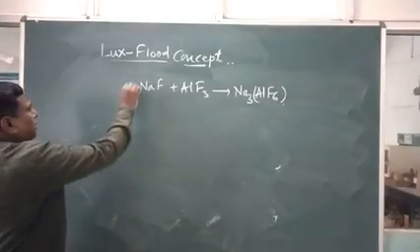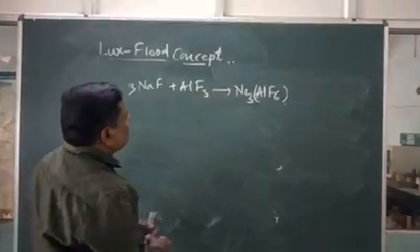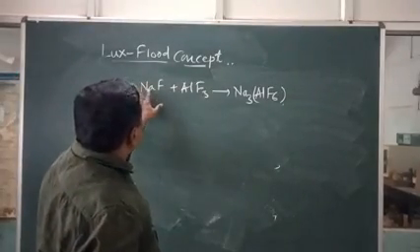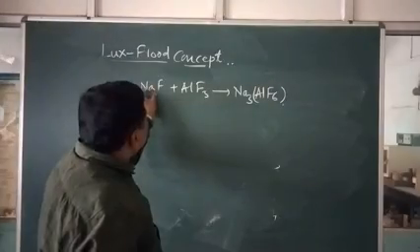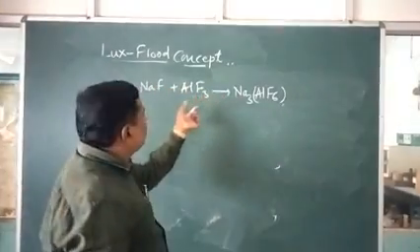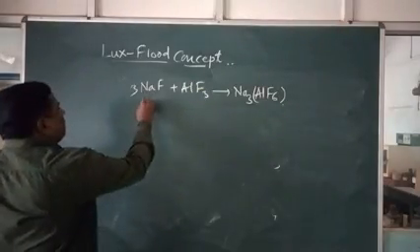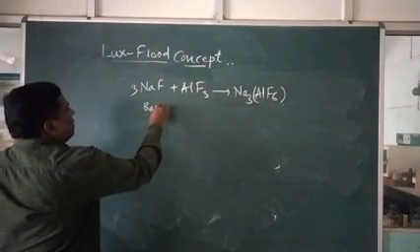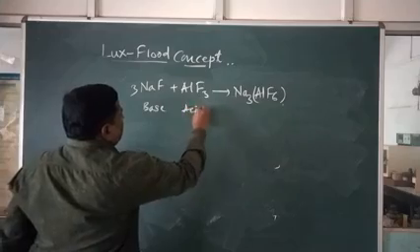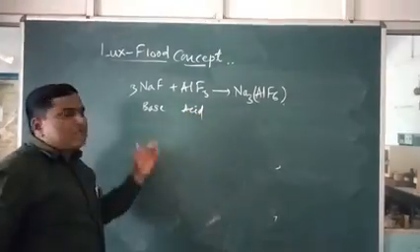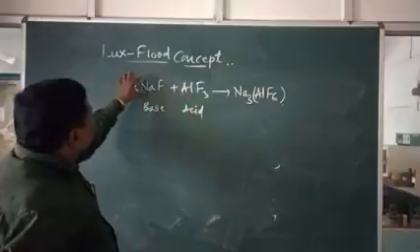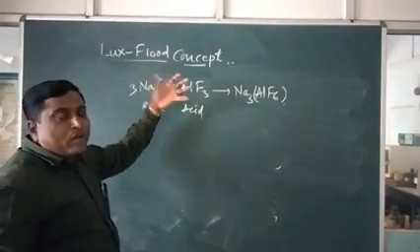Suppose we have taken here 5NaF. Now generally all the fluoride from the sodium will be able to donate, and therefore this is called the base, and this can accept, this is called the acid. Auto-ionization can also occur like this. Here fluoride we have taken, not oxides.